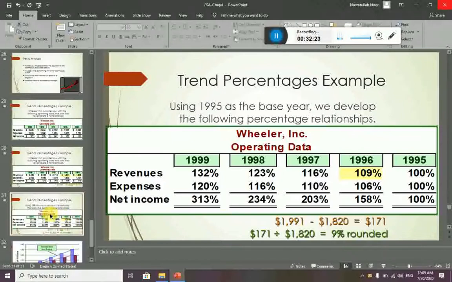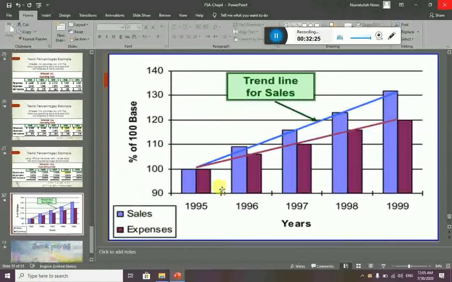So let's see how it has been graphically shown. You can see it's 95, 96, 97, 98 and 99. This color shows sales, while this color shows the expenses. So there's a relationship between these and the expenses. This shows how strong this relationship is, whether there is a relationship between expenses and revenues or not.